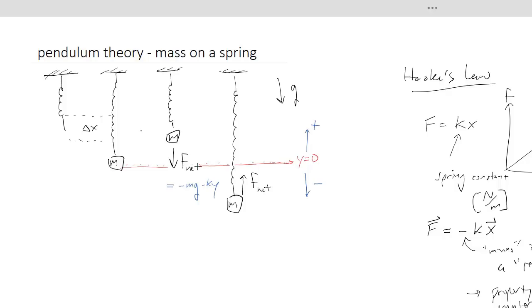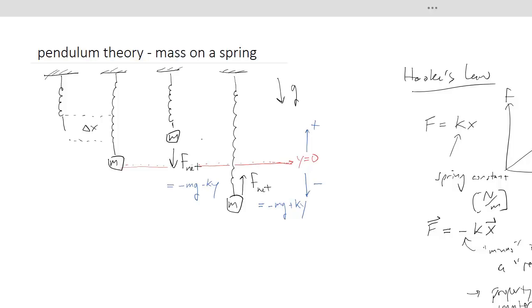And that is the Hooke's law piece there, that if I push this up a distance y, the spring is going to push back down. The F net at the bottom, there is a minus mg, but of course there is a plus ky in this section. So the F net always has this mg.